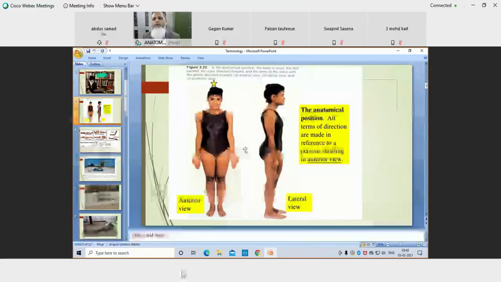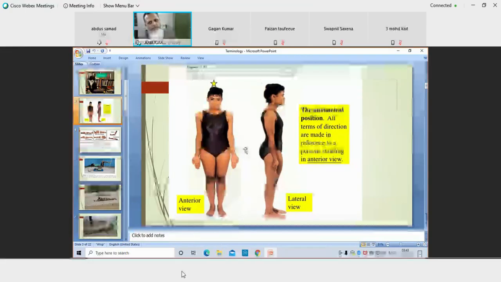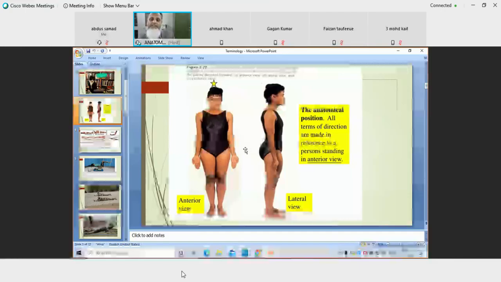Okay. Now, I am giving you one homework. In upper limb, what is the anterior surface? Flexor or extensor? Flexor. Lower limb? Extensor. And what is the difference?